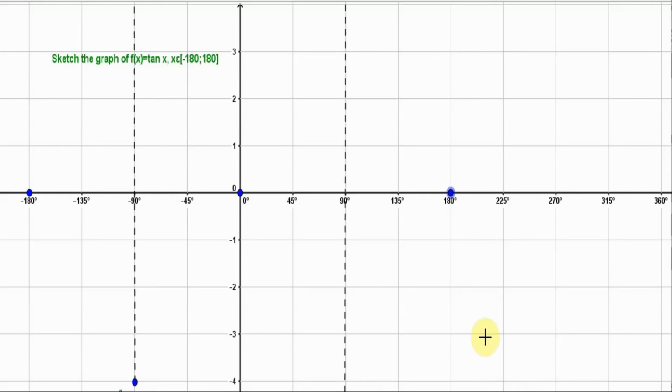It is from minus 180 to positive 180. Now we are going to sketch it. So you draw a smooth curve towards the asymptote, but don't touch the asymptote here. And you see this one, we pass this root minus 180 here and then draw a smooth curve.